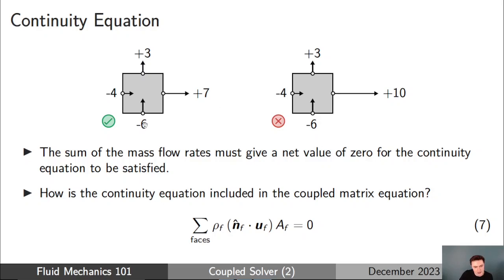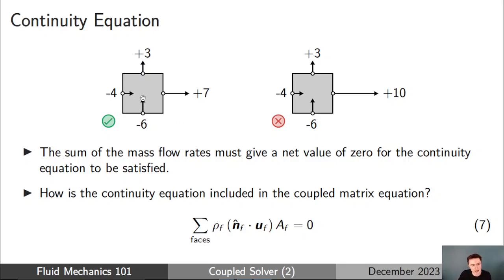And then over these two faces, because the velocity vector is pointing inwards, we actually work out that there's minus 4 and minus 6 kilograms per second going into the cell. And we can clearly see just by looking at this cell that the continuity equation is going to be satisfied. Mass is going to be conserved.